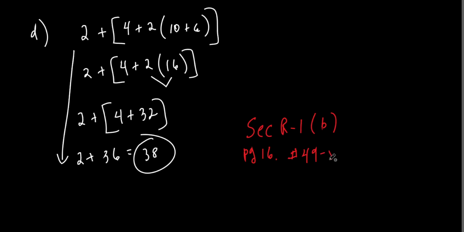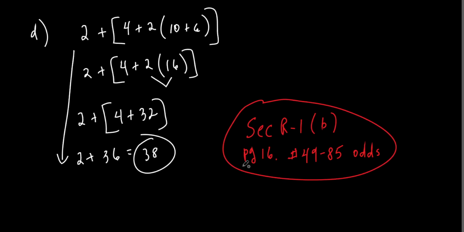Now don't get scared, but I'm only having you do the odds. So that's not near as much. Page 16, like regular page 16 in the book. If you look at the PDF, it's not going to be page 16 on the PDF. You know what I mean? So you're just going to have to scroll until you find it. So it's page 16 in the book. And it's 49 to 85.